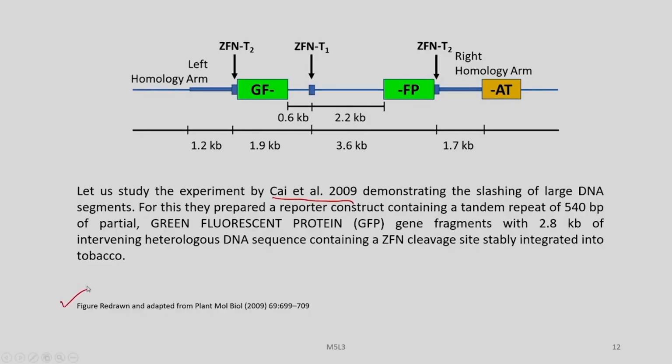Through certain experiments which we will discuss here in a little detail. So, this is kind of slashing and cutting big chunks of DNA from chromosomes. For their experiment, Kim et al. prepared a reporter construct which contains tandem repeats of 540 base pairs of partial green fluorescent protein.